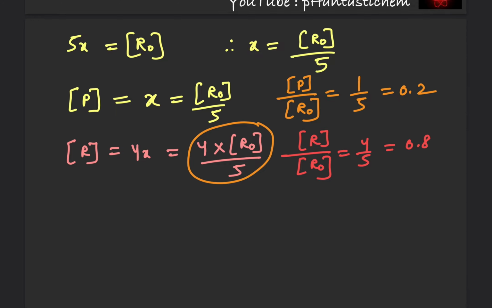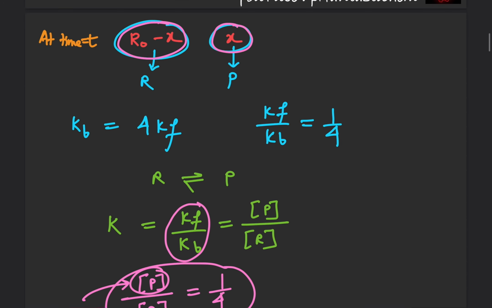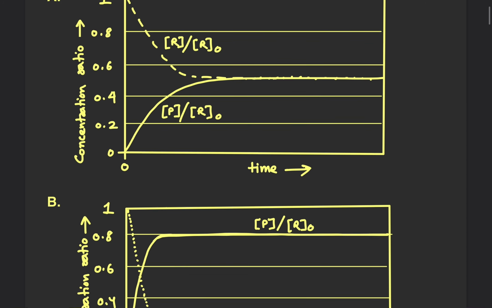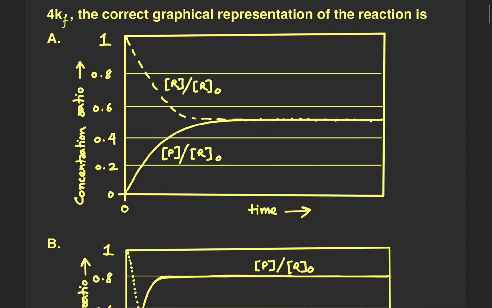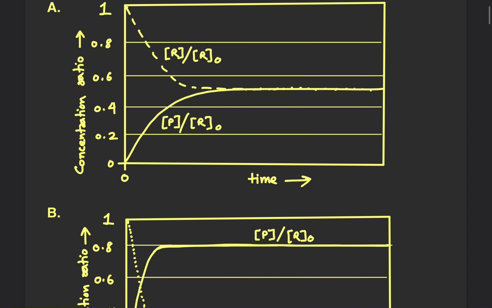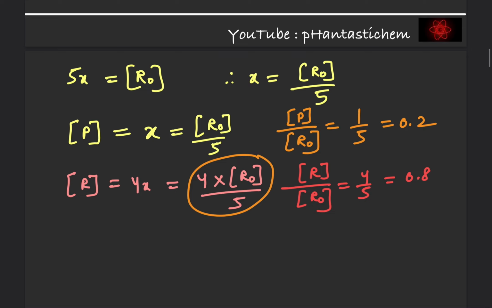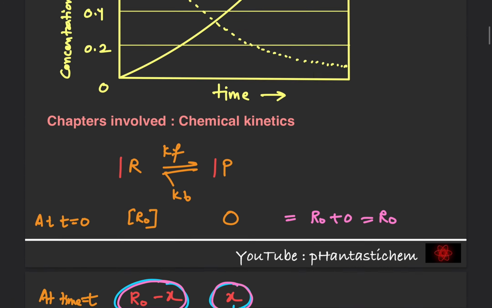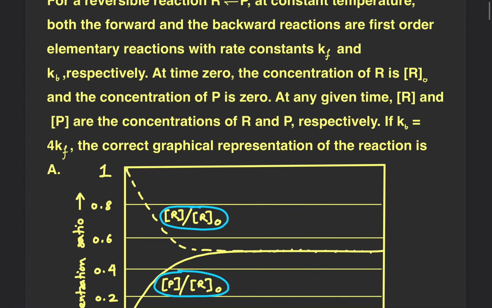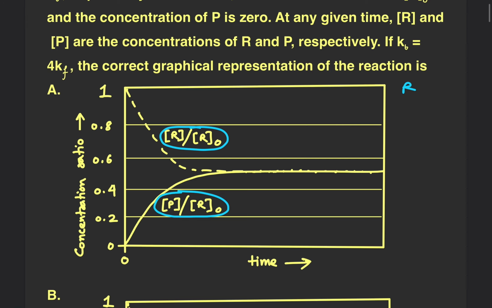Now let's look at the options. We have determined that at equilibrium R by R naught is 0.8 and P by R naught is 0.2.